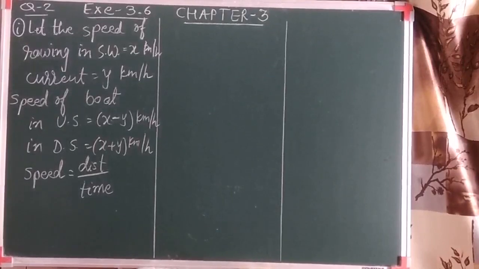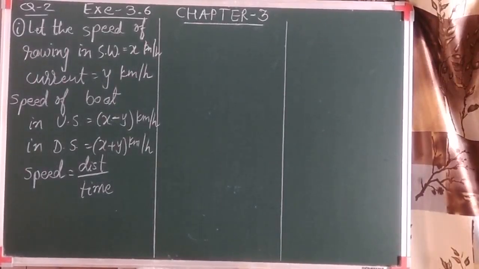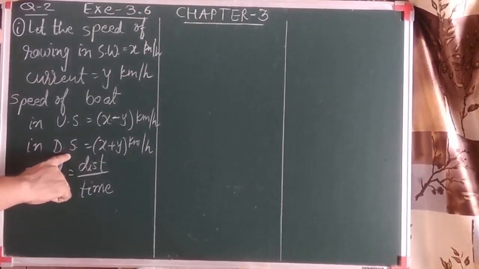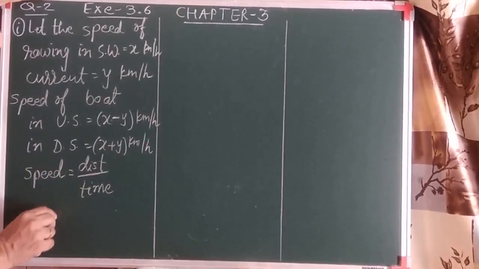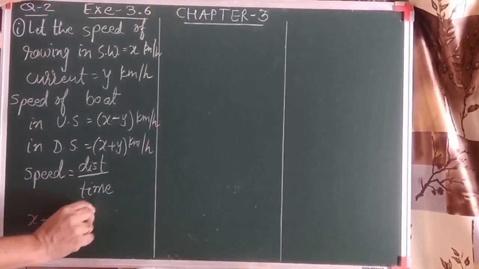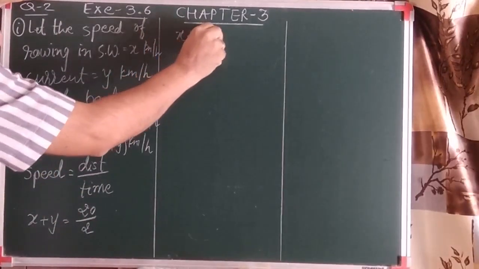So let's form the equation. For downstream, she is taking 2 hours and the distance covered is 20 km. So for downstream, the speed is x plus y, the distance covered is 20 and the time taken is 2. So the first equation is formed: x plus y is equal to 10.